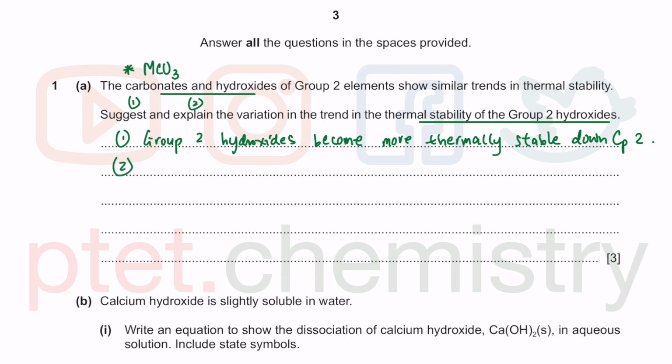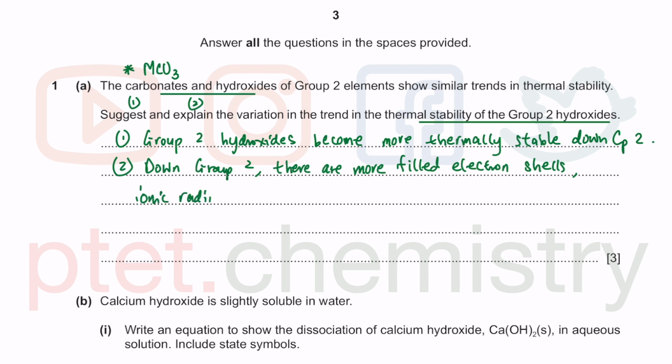Now why is that? Because down group 2, there are more filled electron shells, and as a result our ionic radii are going to get bigger. So the ionic radii of the M2+ cations become larger, but still the same +2 charge because they're all group 2 metal cations.